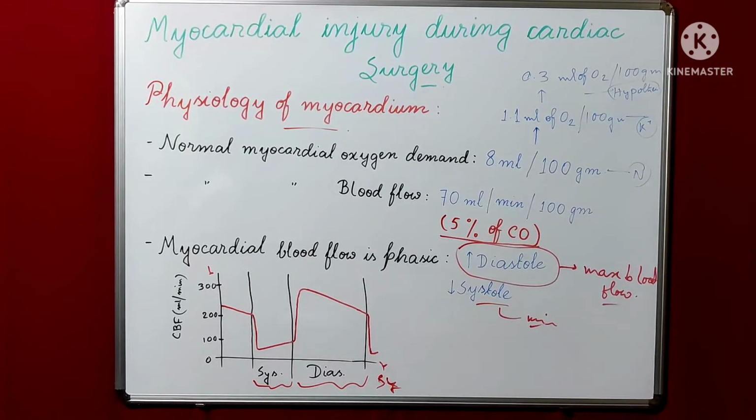So other factors on which myocardial blood flow or oxygen supply is dependent is the transmural gradient, which is the difference between the aortic diastolic pressure and the intraventricular end diastolic pressure.